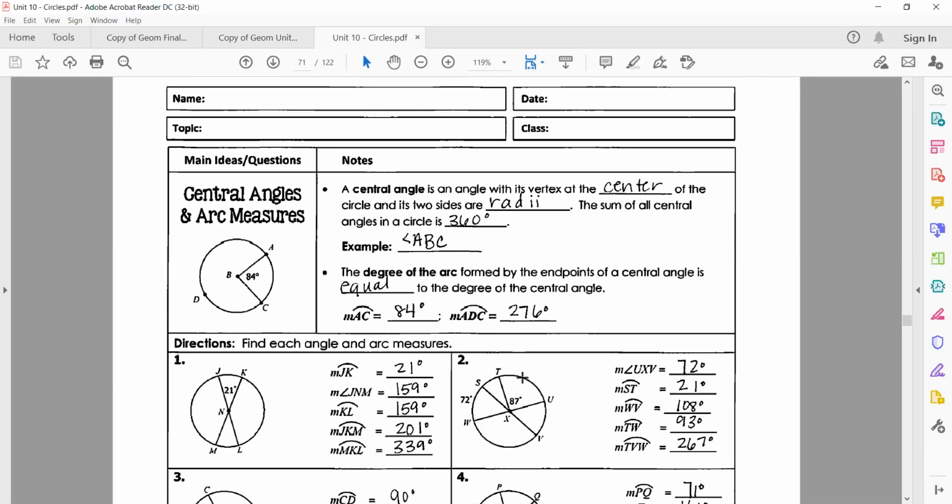So if you look at problem number 2 here, where did some of these numbers come from? Got 72 and 87. This line here, WU, looks like it's the diameter, because it goes all the way across the circle. SV also looks like the diameter.